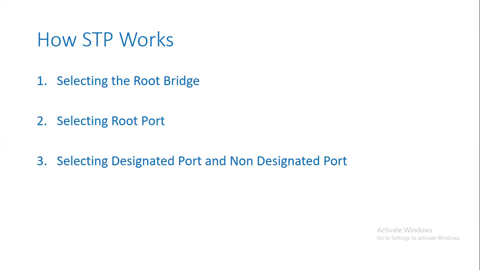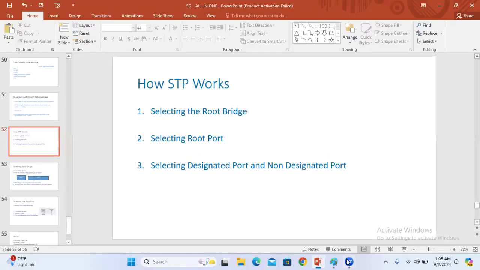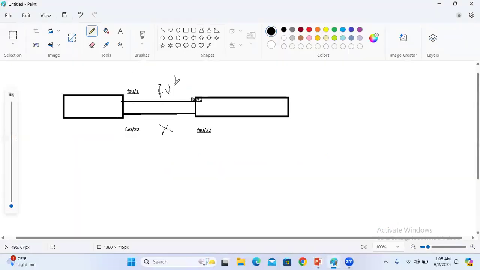Now again, I just want to open one scenario. Let me take a new file. So with the Spanning Tree Protocol, one link goes into forwarding and one will be blocked.